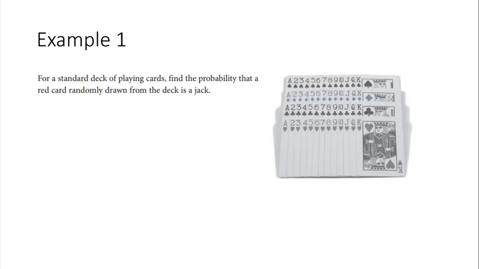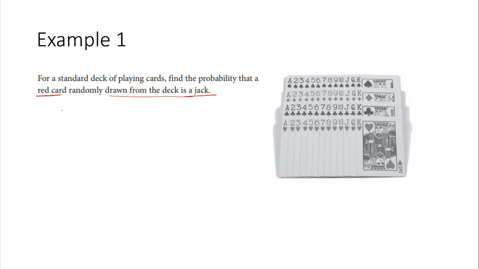All right, so example one. Yay, finally, cards. We have a standard deck of playing cards. Find the probability that a card randomly drawn from the deck is a red card, given that it is a jack.